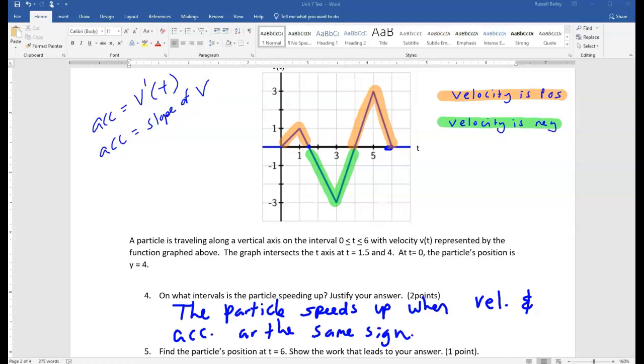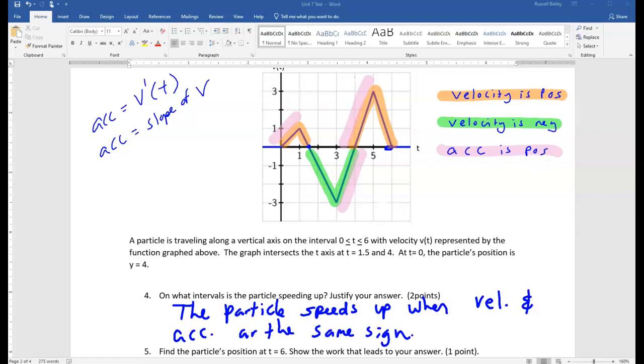So a positive slope is one that slants in an upward direction to the right. So for instance, right here, we have a positive slope. Right here, I've got a positive slope, and here I've got a positive slope. And so on those intervals there, acceleration is positive.